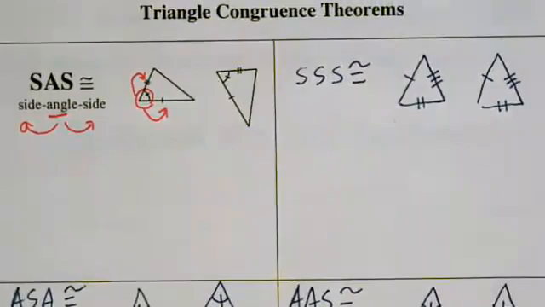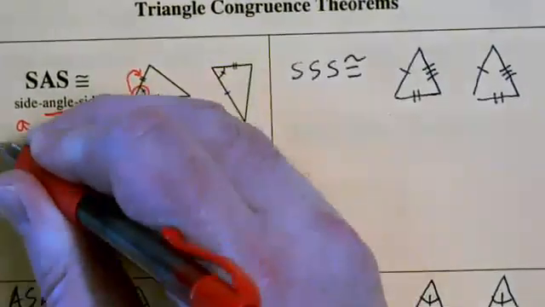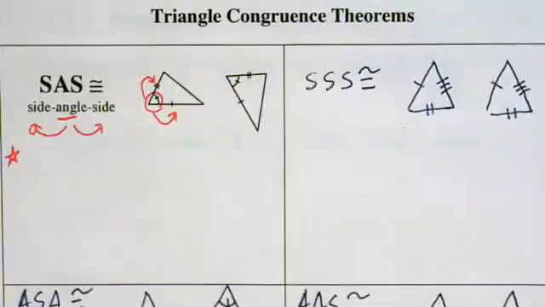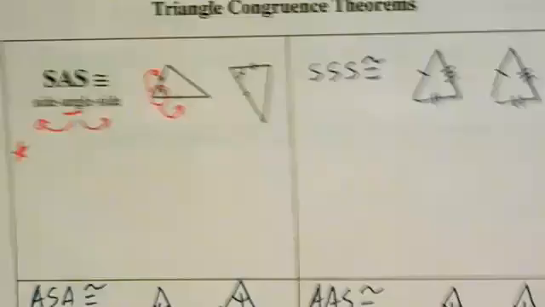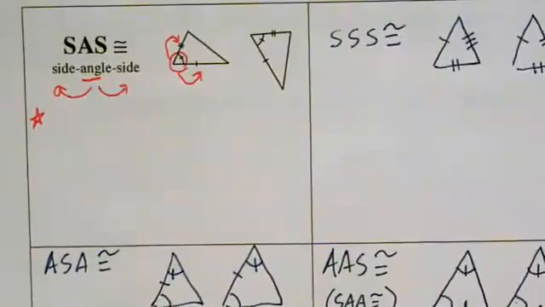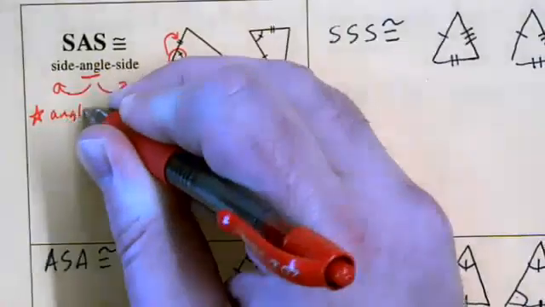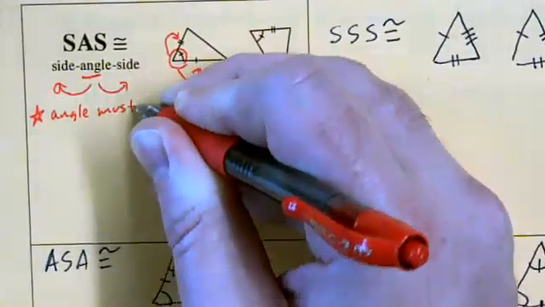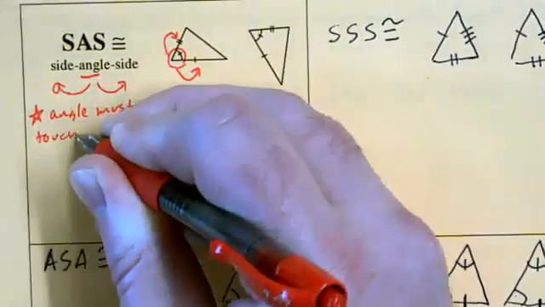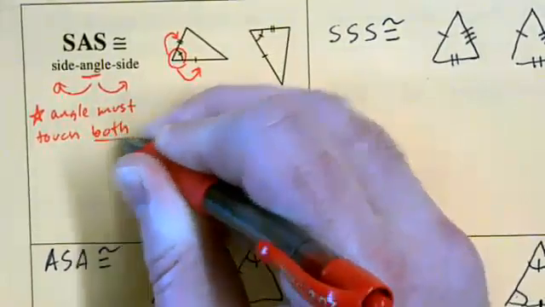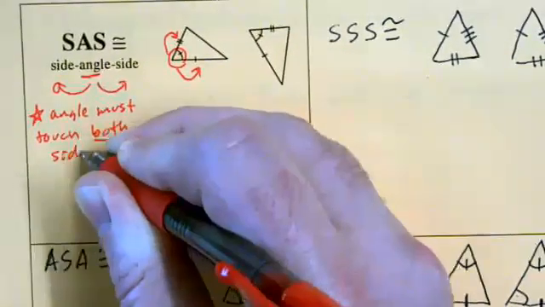All right, so just a quick reminder, and I'm going to just make myself a note here. I'll write it out in words because every time I write something down or I read something, it does help me remember it more long term. I'm going to say the angle must touch both sides.